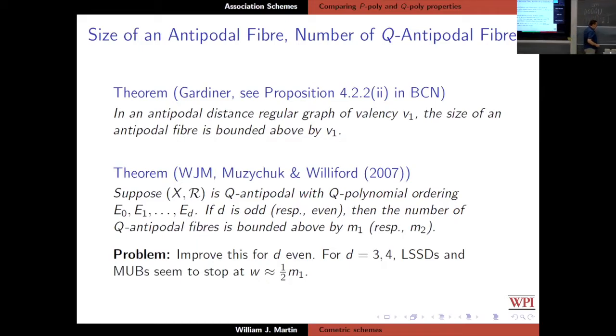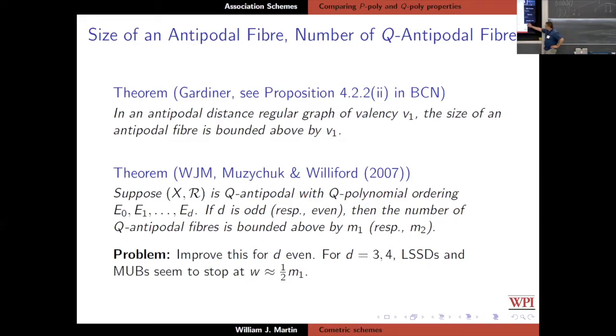Okay, so any statement about the size of an antipodal fiber should correspond in the dual to a statement about the number of Q-antipodal fibers. So in a distance regular graph of valency v1, any antipodal fiber, the size of these fibers is at most the valency. Okay, it's at most the valency. We can't prove the dual theorem. This is still unresolved.